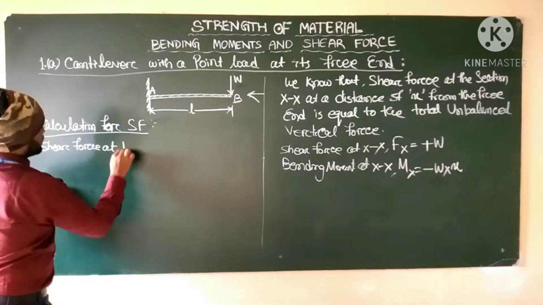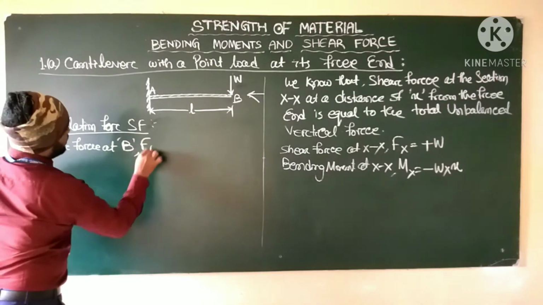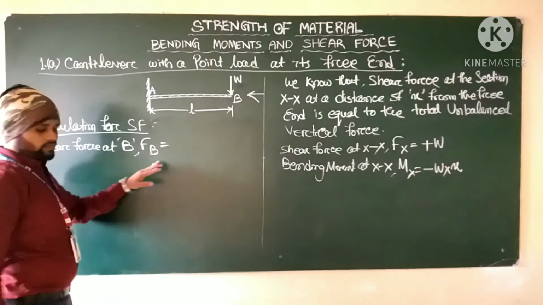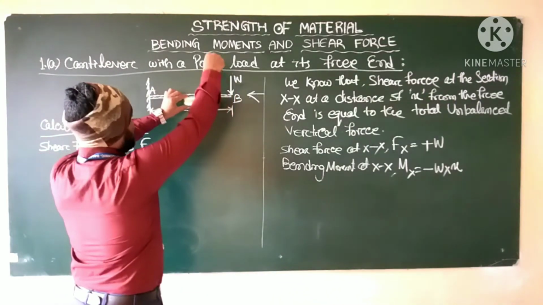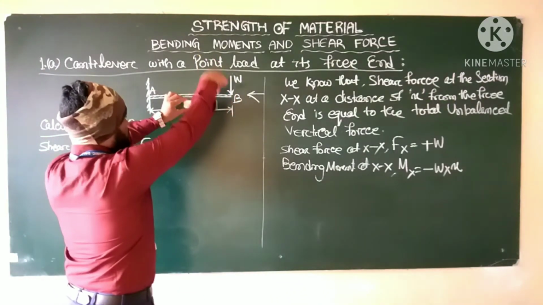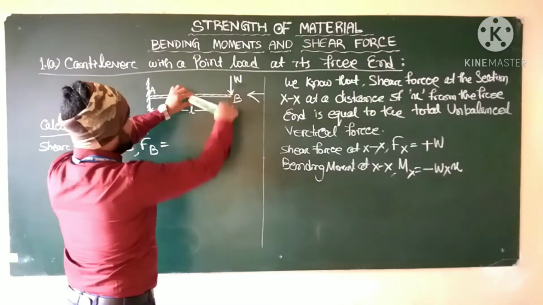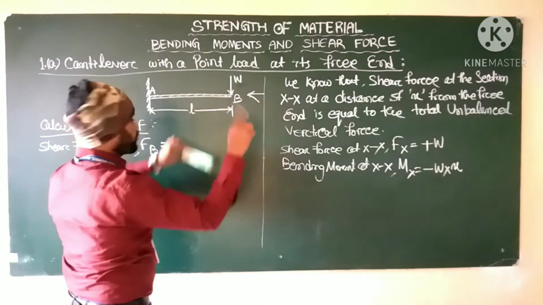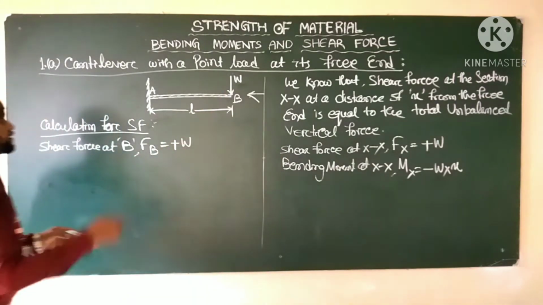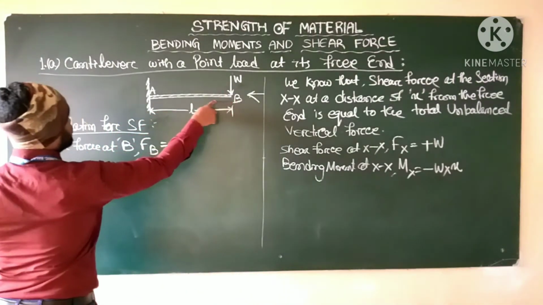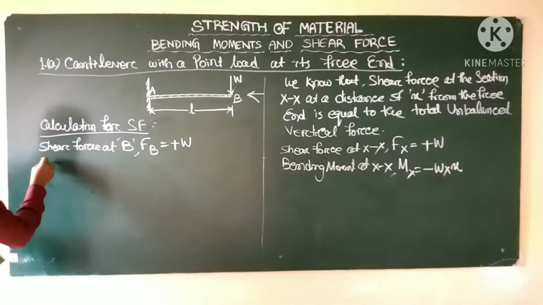Shear force at B, that is FB equal to. Here we will see at point B the load is applied from above to downward. That means right hand side downward, and right hand side downward means positive. So plus, the load is W.